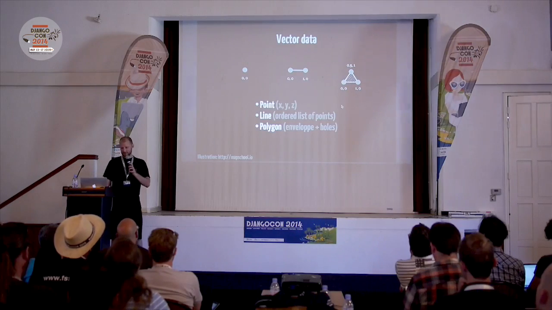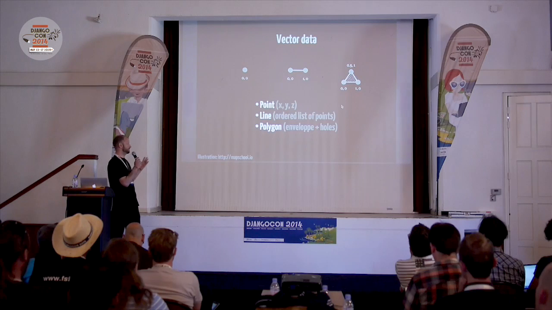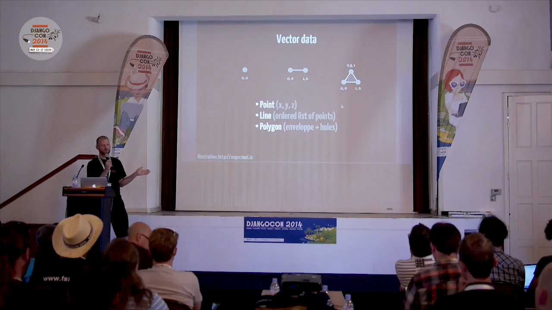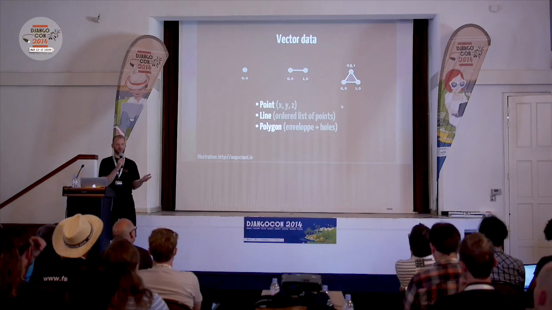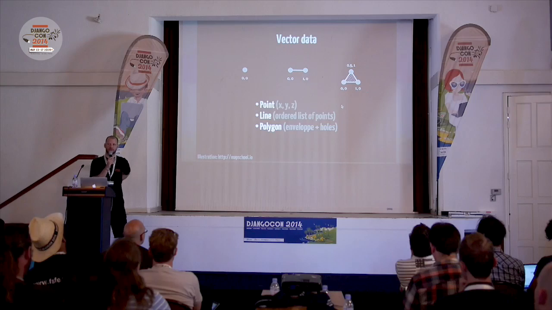There are two kinds of data. Vector data, which is the most intuitive one. You have a point, which has x, y, and an optional z coordinate. A line is another ordered list of points. And a polygon is an envelope, which is a closed line, and a set of optional holes, which are also closed lines.